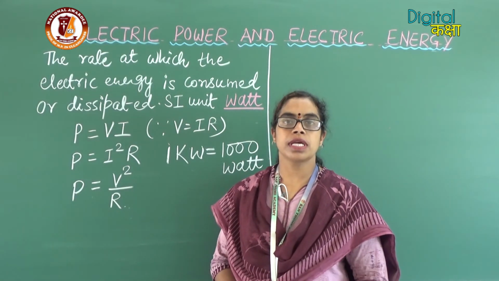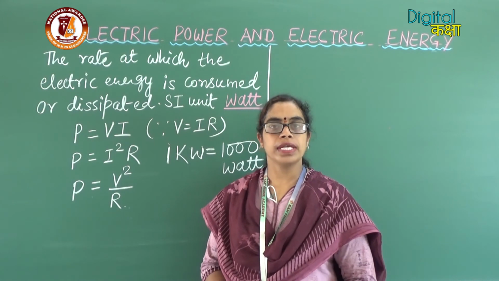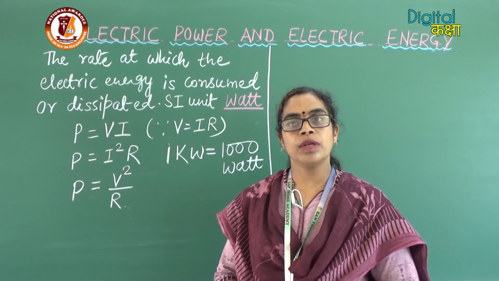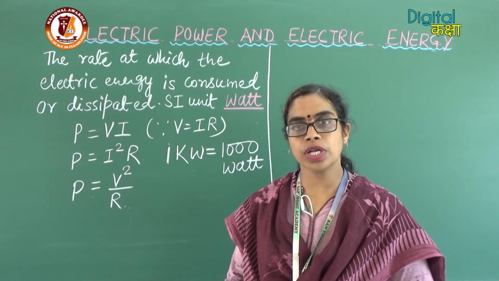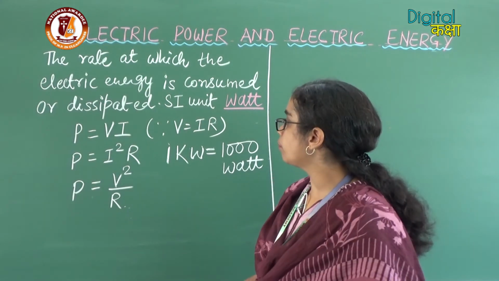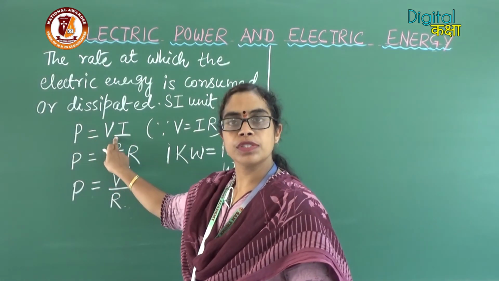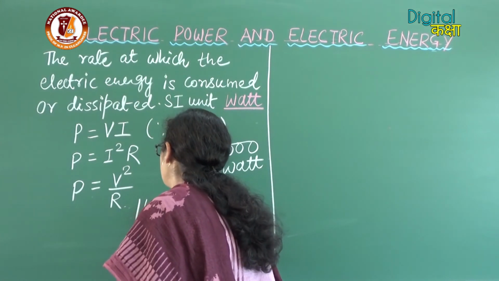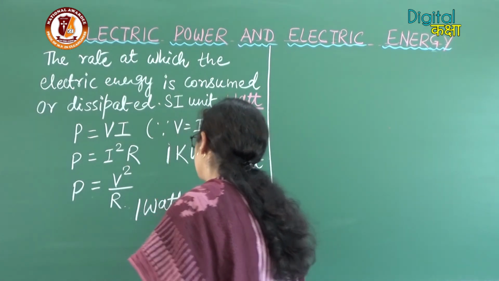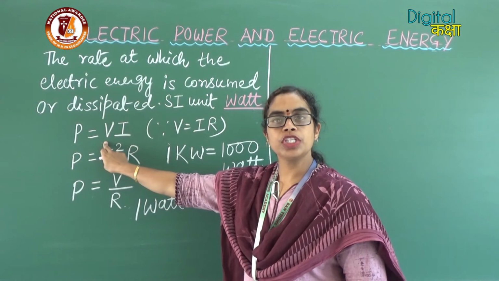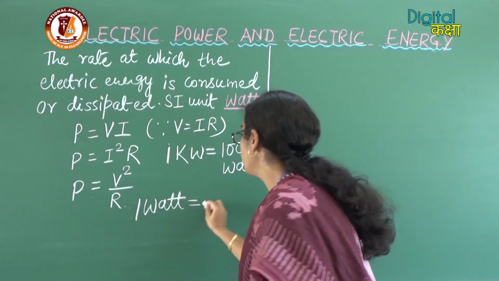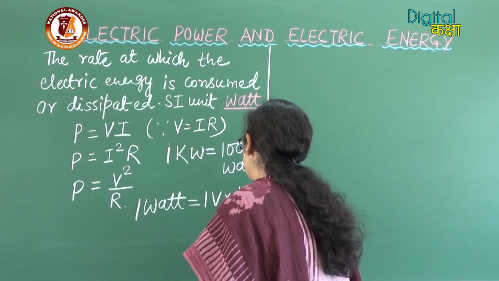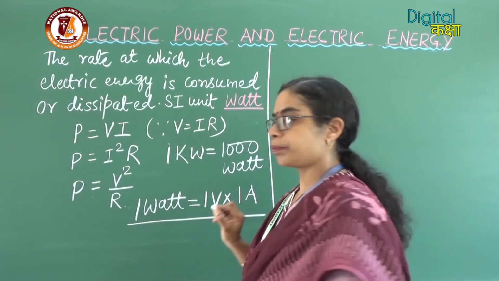In order to understand the definition of SI unit of power, or even I can say in order to understand the definition of 1 watt of power, if I am using this formula, for getting the power to be equal to 1 watt, certainly I need the potential difference of value 1 volt and the current of value 1 ampere.